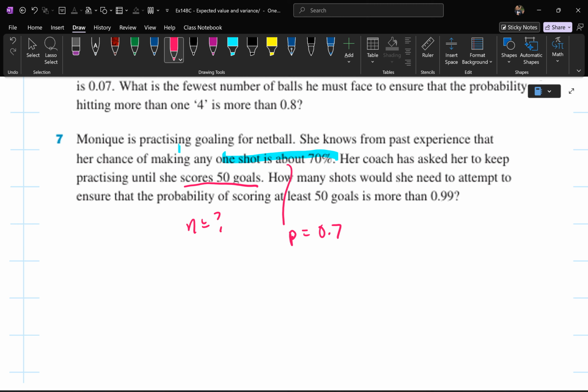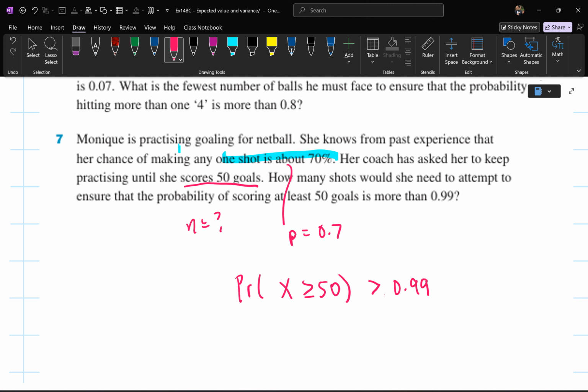So how many shots need to be attempted to ensure that the probability of scoring at least 50 goals, so I want at least 50 goals, is more than 99%?